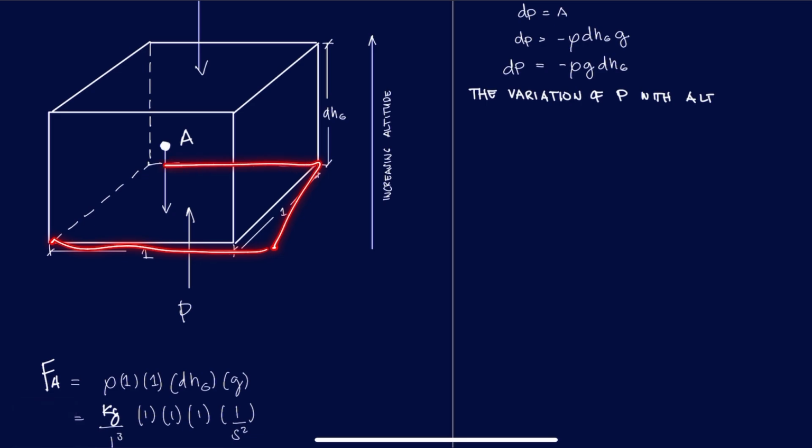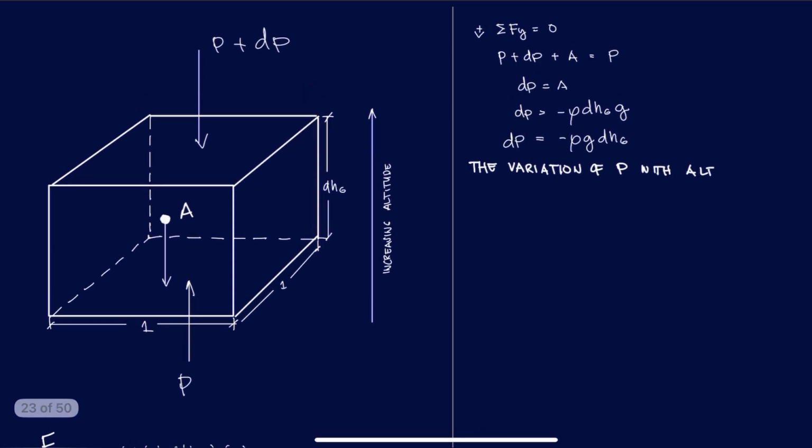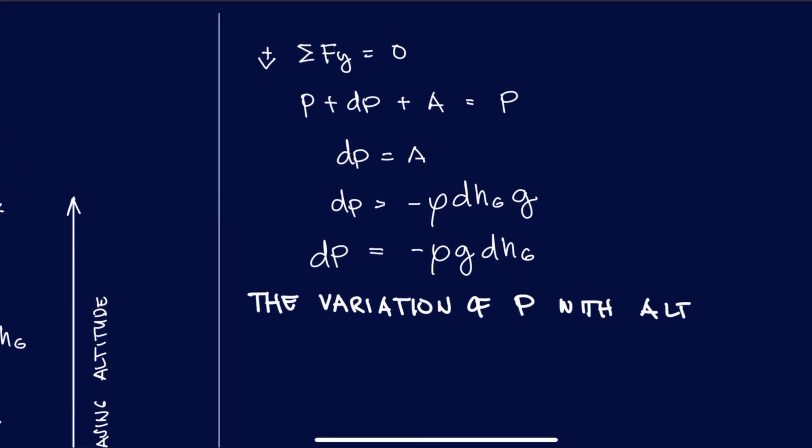And the lower face of this fluid reacts to such force with pressure P. And since this is one static structure or volume of air, the upper surface also reacts to the forces. However, this pressure that is exerted on the upper surface also needs to take into account the difference in pressure with altitude. So, knowing that this entire system is static, all forces are in equilibrium, we may be able to analyze it.